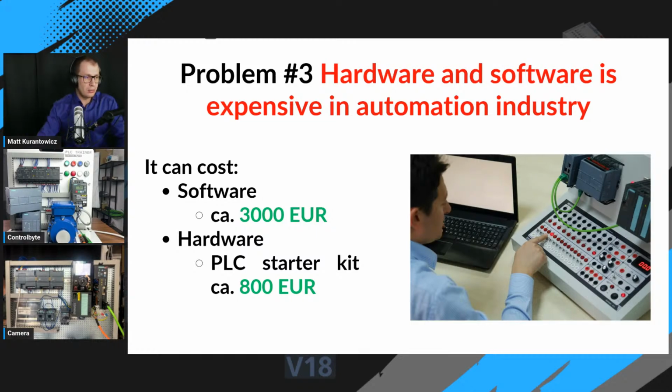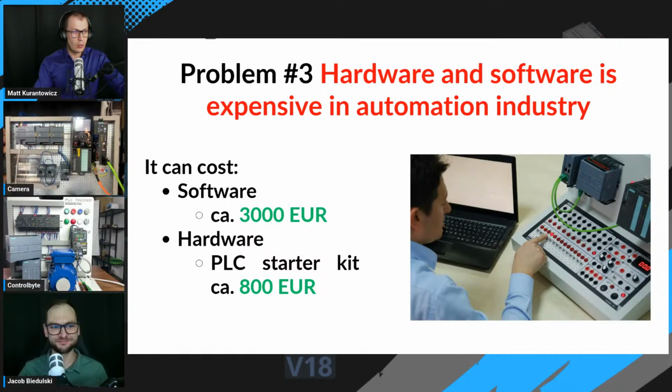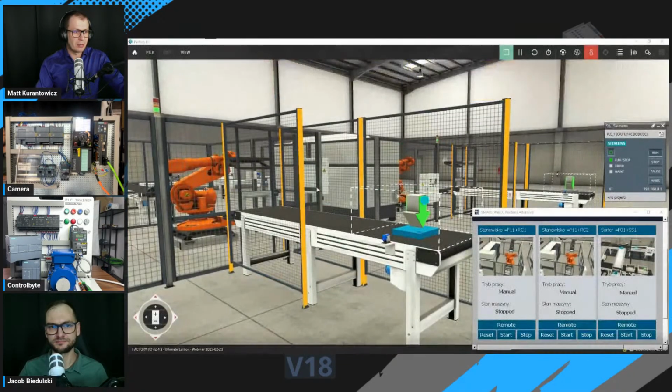But you don't need to buy this for the start. Let's go to the next slide. This stand is so expensive. You have an HMI here, a Siemens PLC, a laptop, lighting, and a lot of cables.